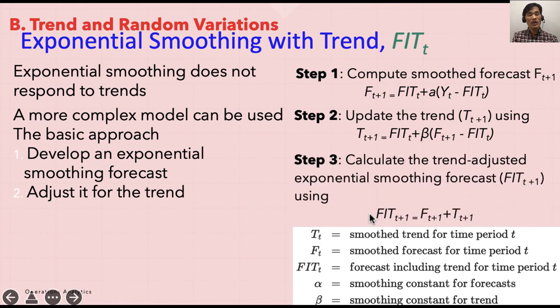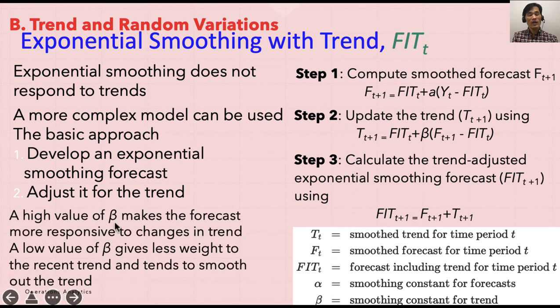The third step is to calculate the trend adjusted exponential smoothing forecast, FIT t plus 1, using this formula. Once you have found F t plus 1 and T t plus 1, your FIT t plus 1, the next time period's trend-adjusted forecast, equals the forecast plus the next trend. You add them together, and then you complete your exponential smoothing with trend.